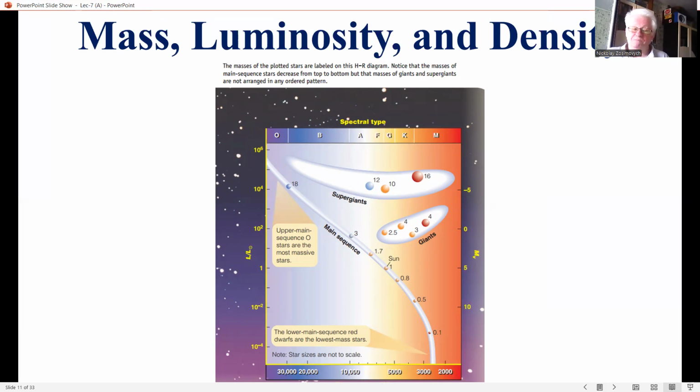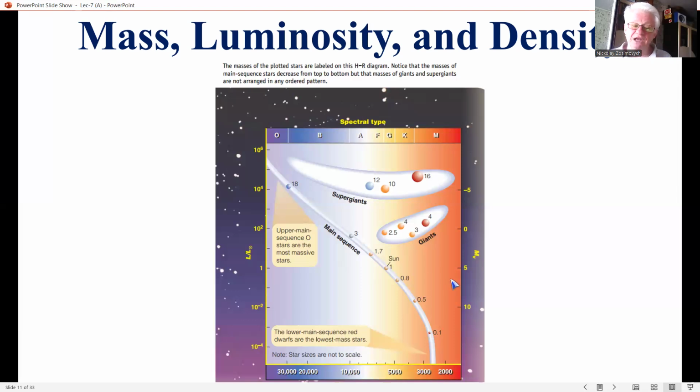The most massive main sequence stars are the hot stars. As you run your eye down the main sequence, you will find successively lower mass stars until you reach the lowest mass, coolest, faintest main sequence star. Okay?